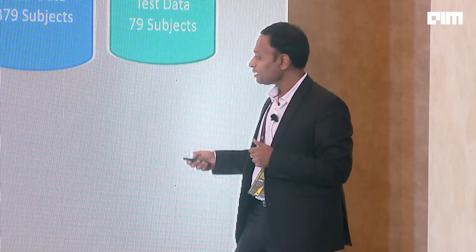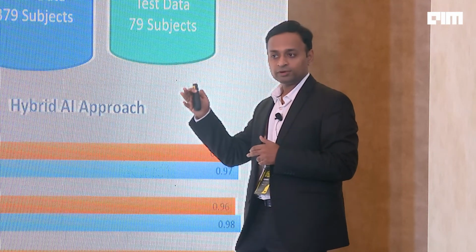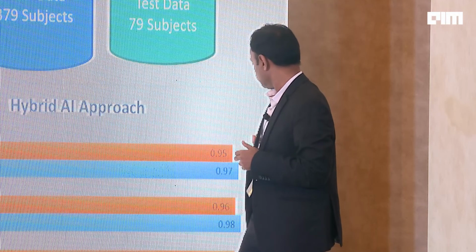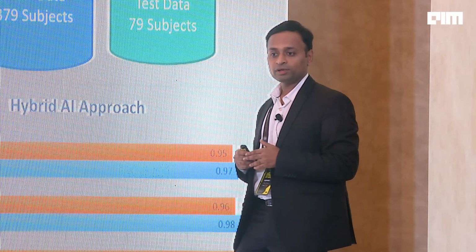If you take a normal AI approach with a bit of pre-processing and then apply it, these are the kind of results you're going to get on your test set, hovering around 0.6 or 0.5 or so. But once you apply the hybrid AI with all the pre-processing steps that we saw, you're almost hitting 0.95 on this data set that was proposed.